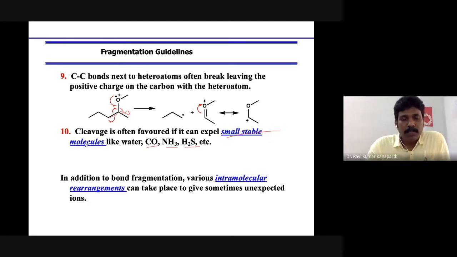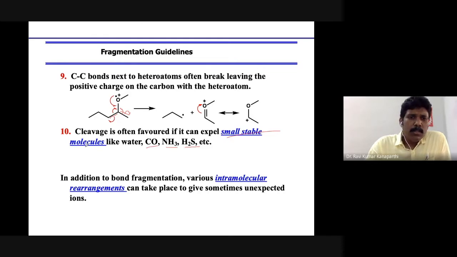Similarly, if you have aldehydes and ketones, there is a probability that it can lose CO, the small carbonyl functional group. So this type of small neutral species and functional group can be eliminated because of the fragmentation process in the mass spectrometer.